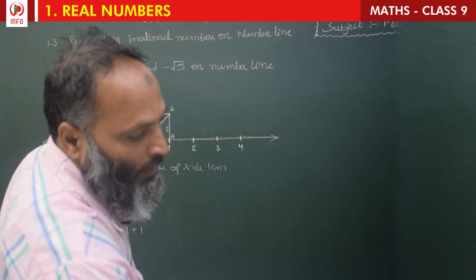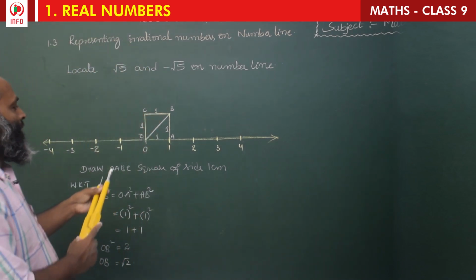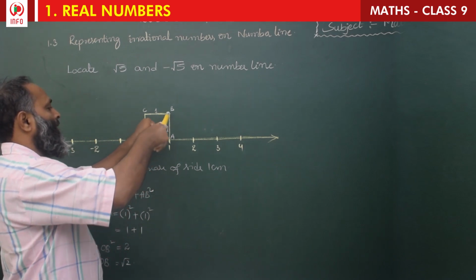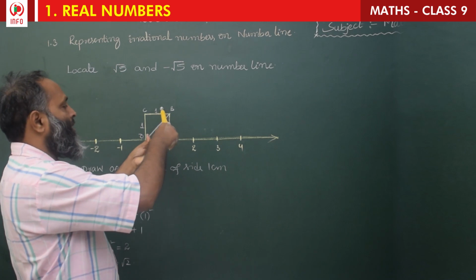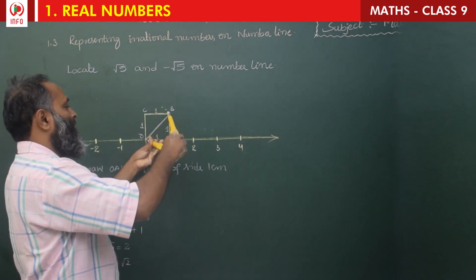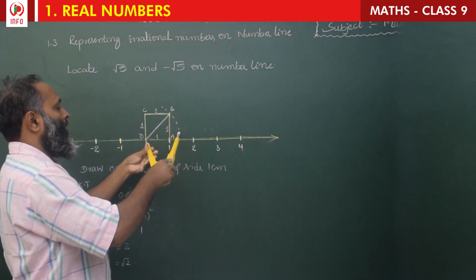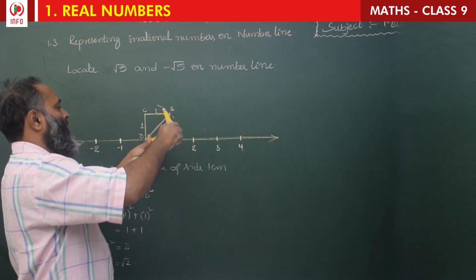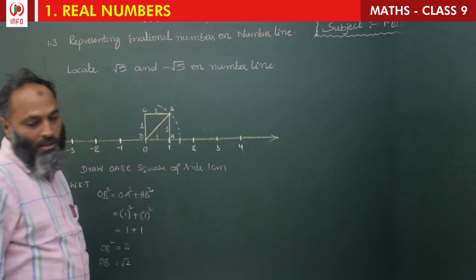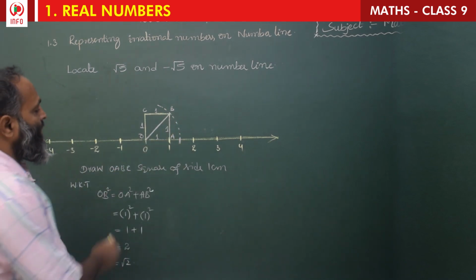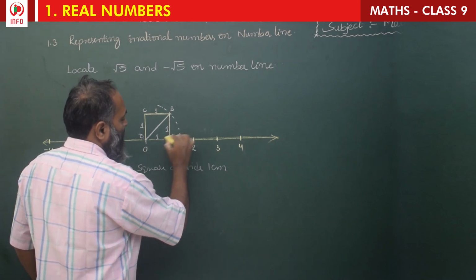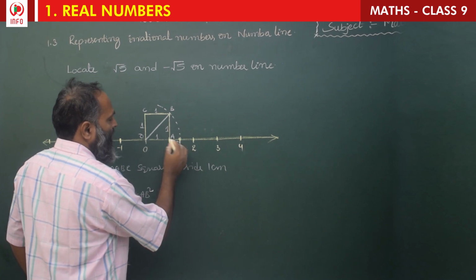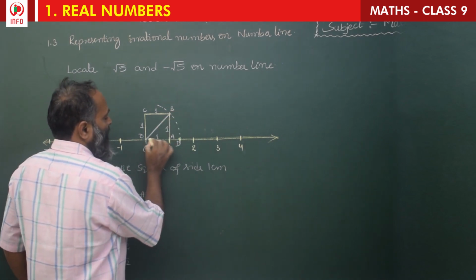Okay. Now, with O as a center and OB as a radius, draw an arc which cuts the line at a point D. This is D. Now OB length is equal to OD length.